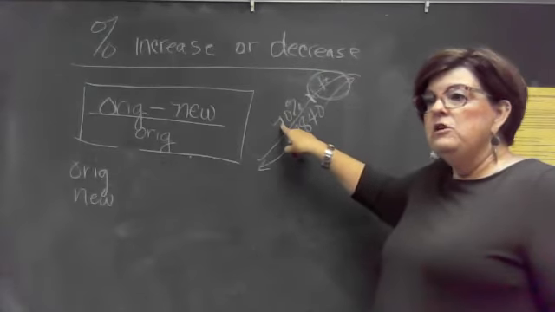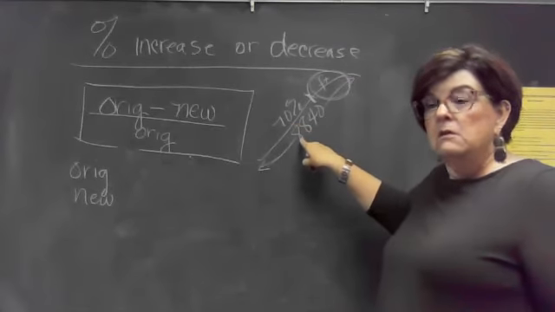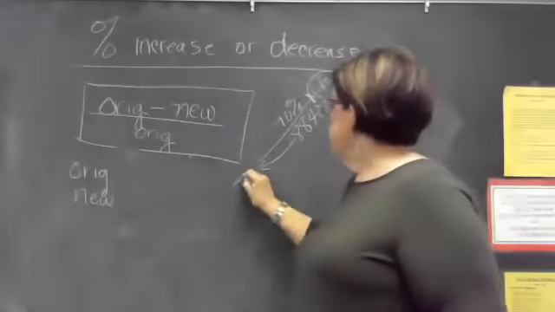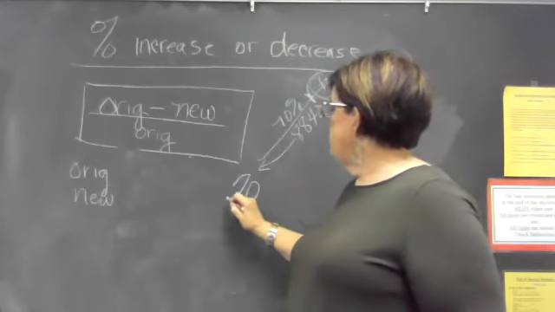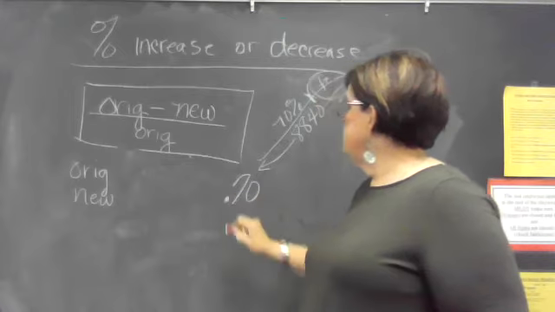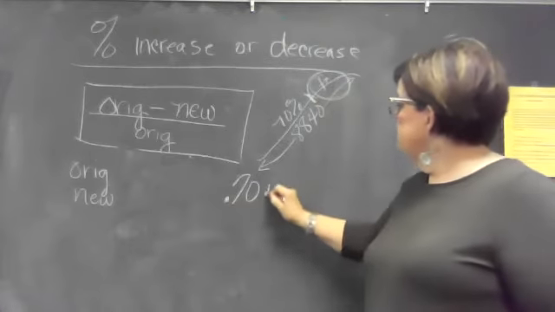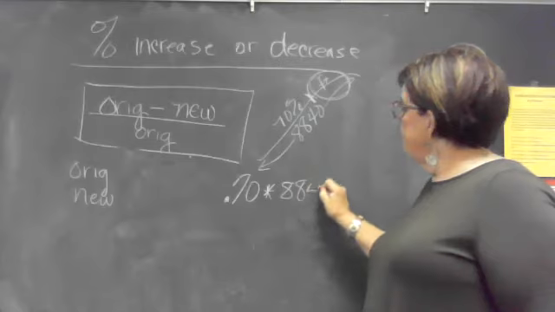So it says 70% of. What does "of" mean? Times. So I'm going to say 70, it's percent. I'm going to change it back to a decimal, so my decimal place goes backwards. 70% of 8,840.